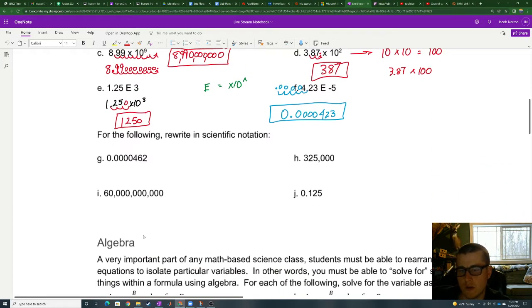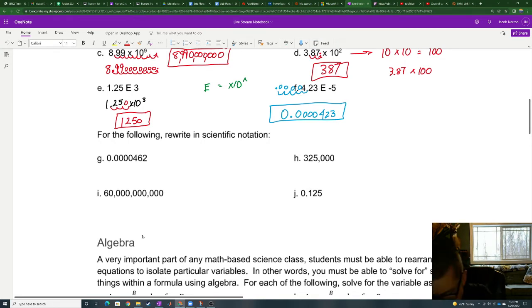All right, for numbers or letters G through J, it says rewrite in scientific notation. Okay, so now we're putting these in scientific notation. We got to kind of think backwards. So G, I hope that you guys are looking at that and you're saying, okay, that's a pretty small number. It's not big. I mean, I is a big number, H is a big number, but G is a very small number.